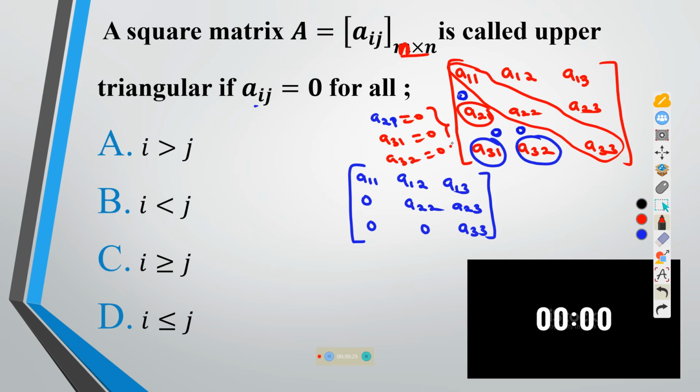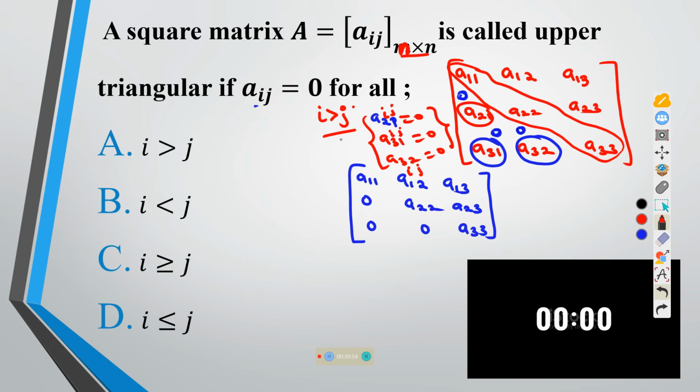There is a relationship between these elements which are equal to 0, especially in regard to i and j. Here i is 2 and j is 1. Here i is 3 and j is 1. Here i is 3 and j is 2. You realize that in all the cases, i is greater than j.